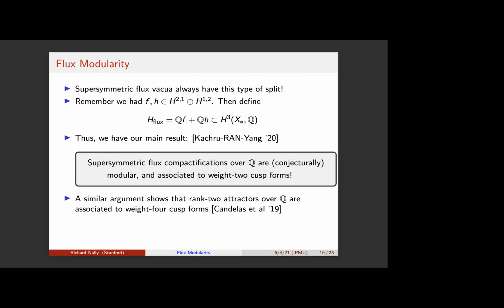So I'm not sure what level you're asking the question. There's the generic Langlands program, which basically says we expect every variety over Q to be associated to some sort of automorphic object. So that's quite high-powered math, and I'm going to leave that one alone and just talk about things whose point counts have a literal weight 2 cusp form. So no, you're completely correct. Not everything that is weight 2 modular in this way is a supersymmetric flux compactification.